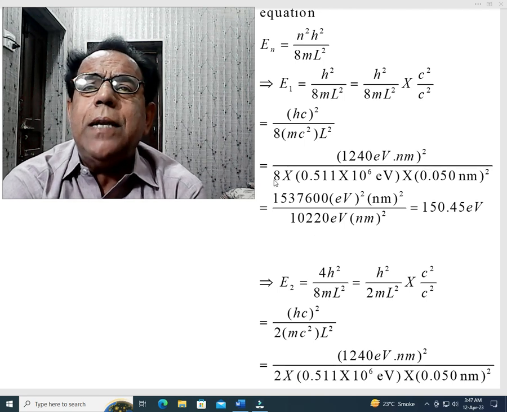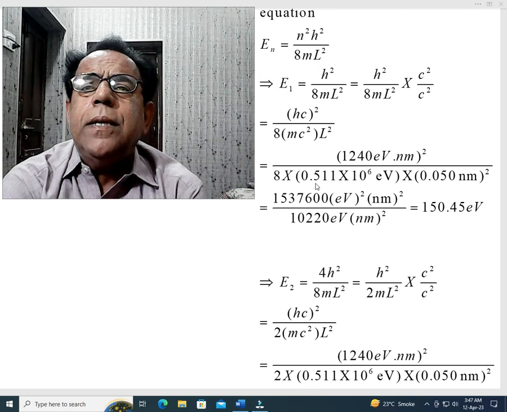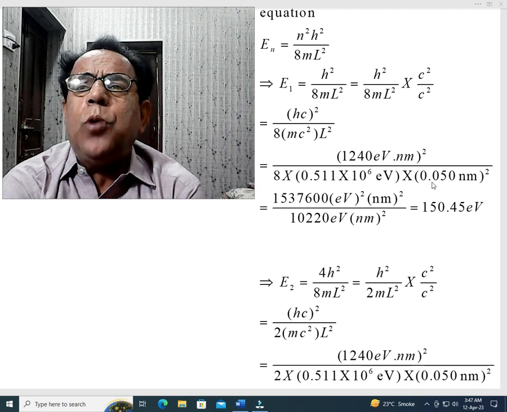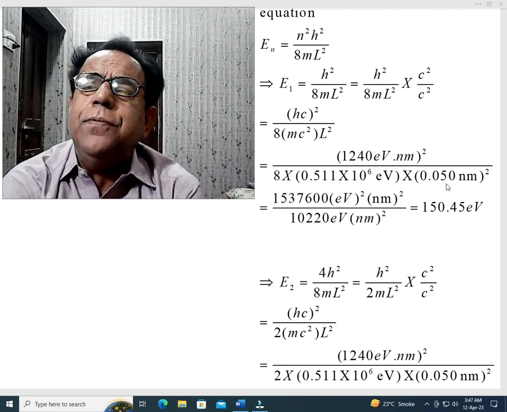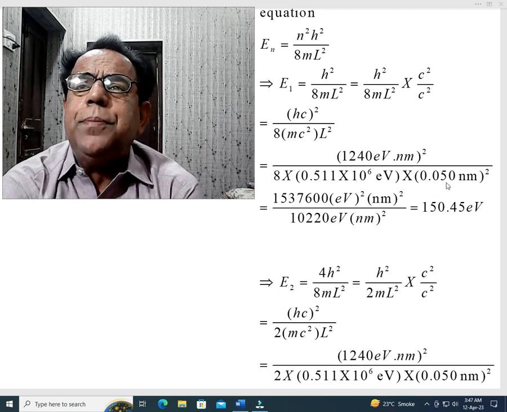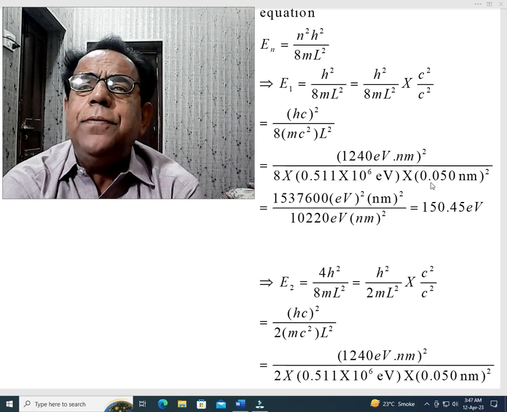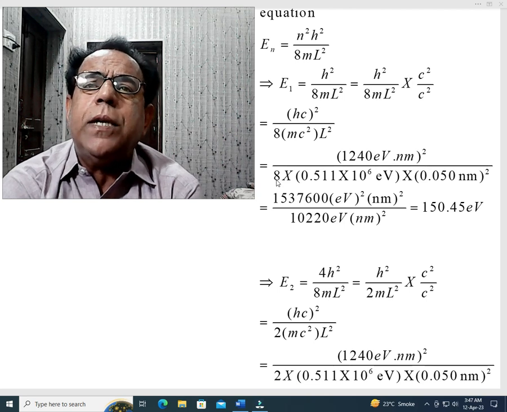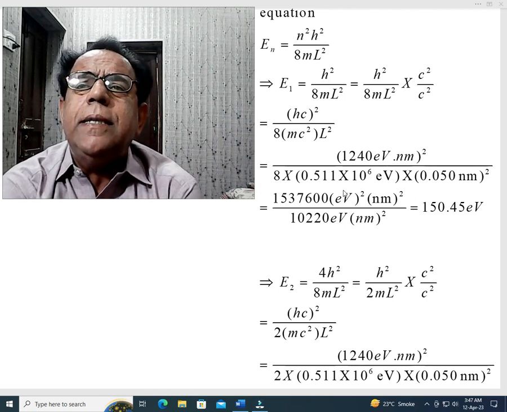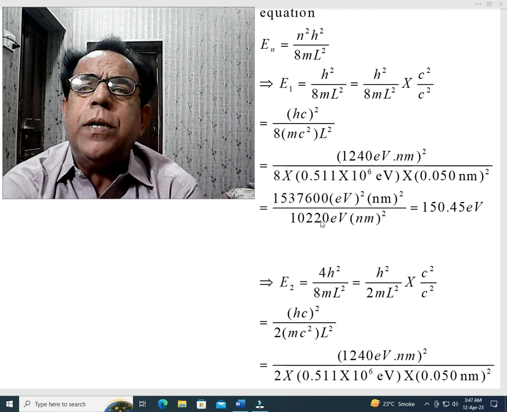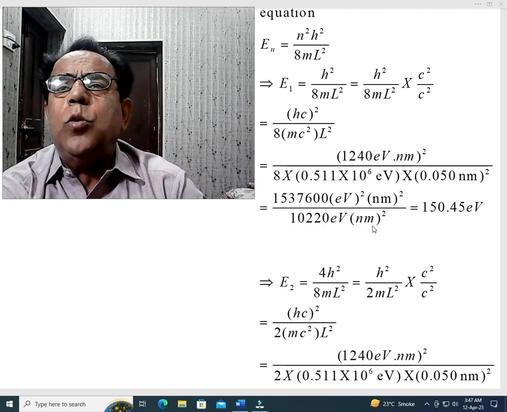Divided by what we have done: we have multiplied 8 with 0.511 into 10 to power 6 into 0.050 into 0.050. First we have multiplied 0.050 two times, then multiplied it with 511000, and then with 8. After multiplying all these values, the combined value becomes 10,220 electron volt nanometer square.